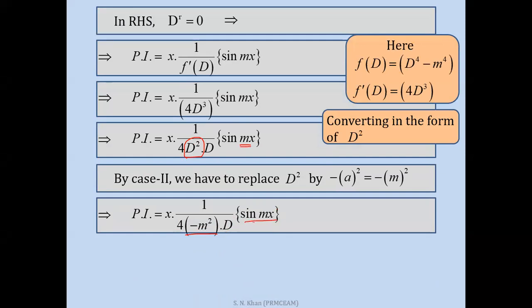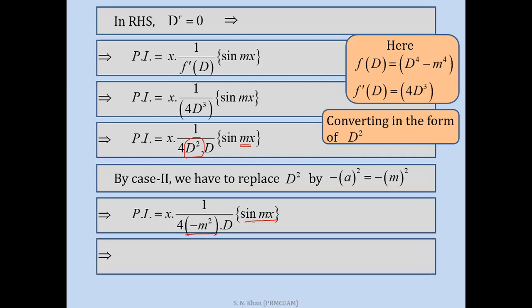After that, 1 upon 4 times minus m square is a constant term, so we can simplify it and take it outside. Pi is equal to minus x upon 4 m square, and into the remaining operator, which is only 1 upon d operating on the function sin mx.